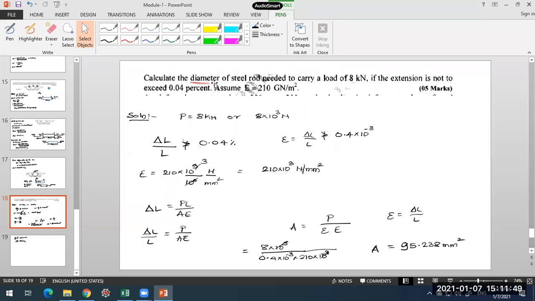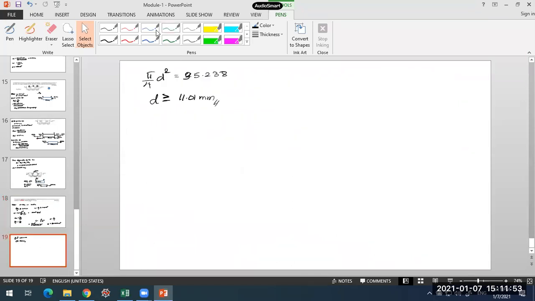We are asked to find the diameter of the steel bar. So when it is a circular bar, area will be pi by 4 d square. I know the value of area, 95.238. I have put that here, and D has been determined: square root of 4 by pi into that. Okay, try that one.